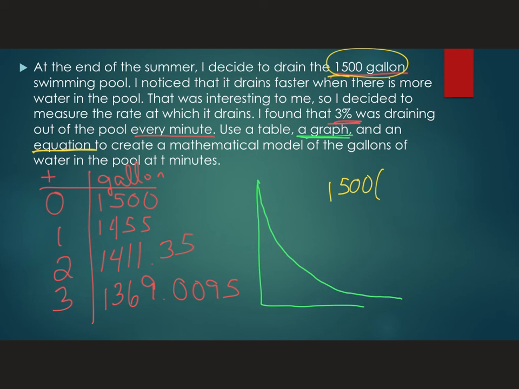And then we're going to take away 3%. So I've got 1 minus 3%, 1 minus 0.03 raised to the t minutes, which also can be written as 1,500 times 0.97 to the t. Okay, you notice you get that wonderful exponential curve, but it is decreasing this time.